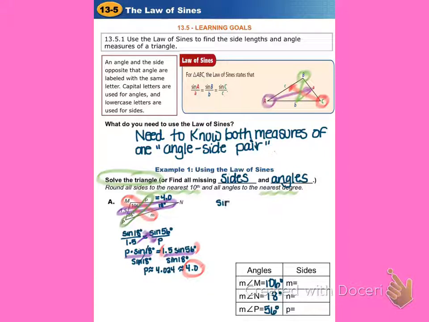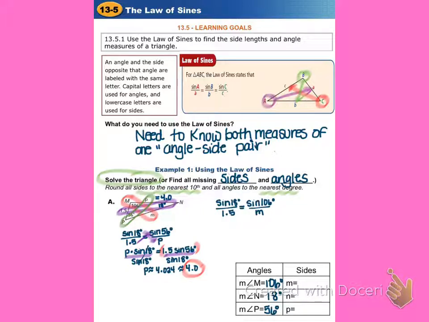So I'm going to start off with the sine of 18 degrees over 1.5 again. Then I'm going to set it equal to the other angle and side pair, which is the sine of 106 degrees, and it's across from the side that's m. Now I can do the exact same thing as far as solving goes.